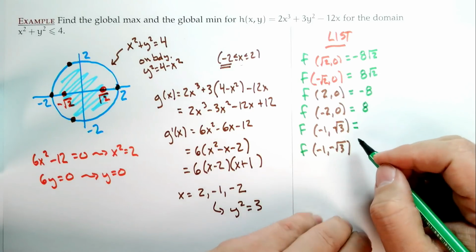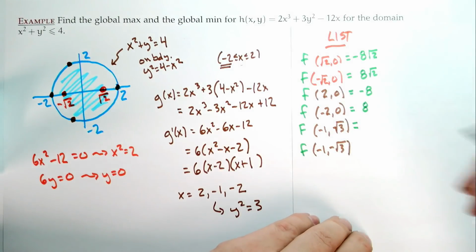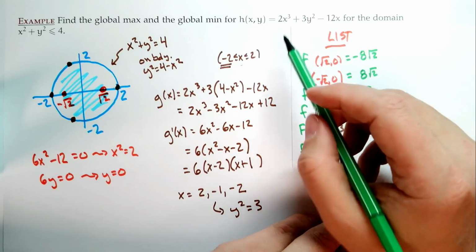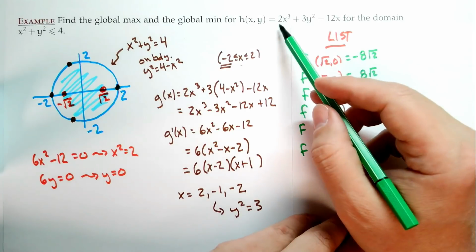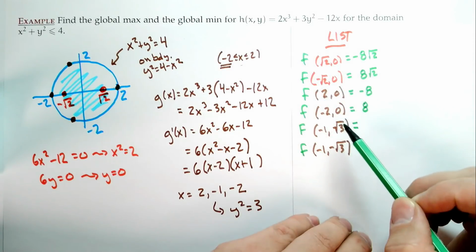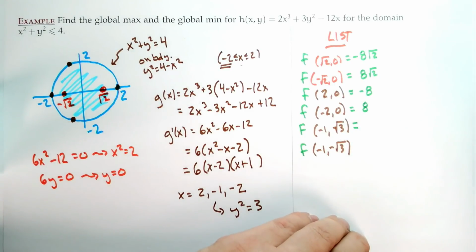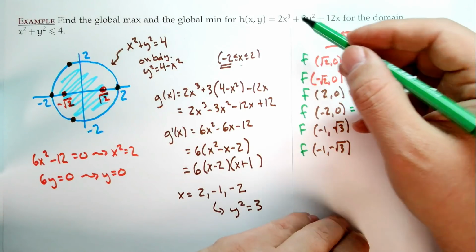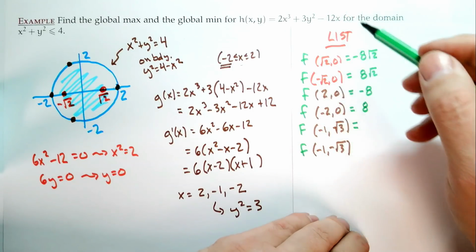And now we come to negative 1, square root of 3. Good, y has something. It's going to be interesting. When we plug in the x, we get negative 1 times 2, so that's negative 2. Then we get 3 times square root of 3 squared. Square root of 3 squared is 3, so 3 times 3 is 9. So negative 2 and 9 makes 7.